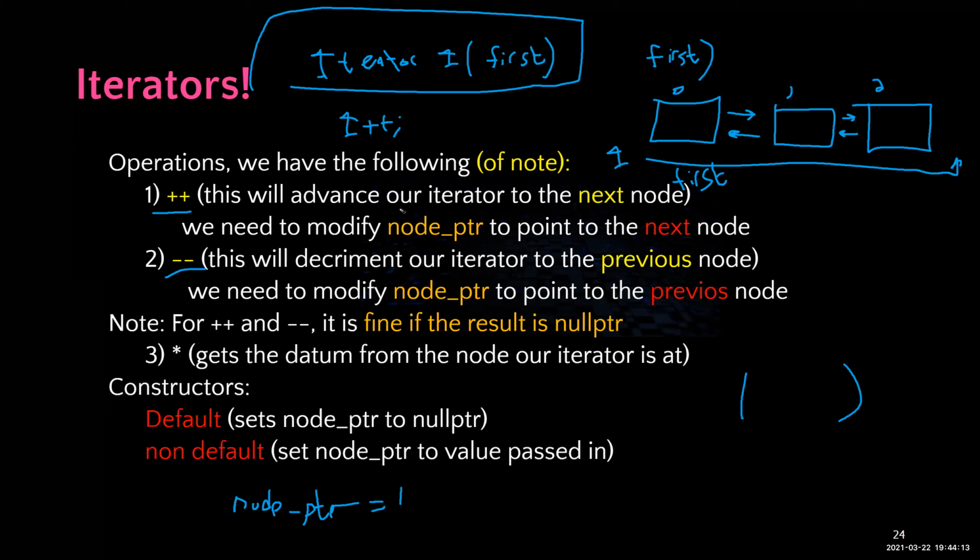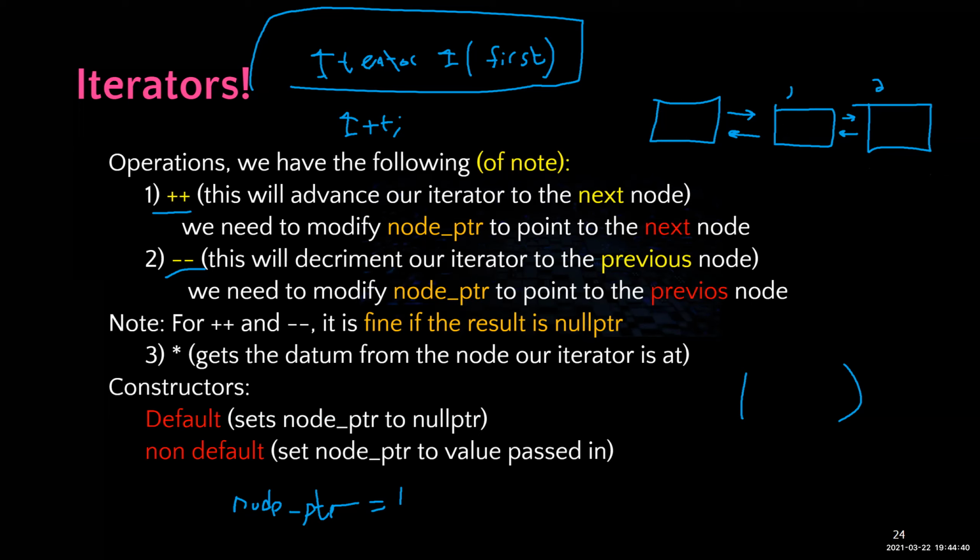Yeah, so iterators just make it easier for us to access our nodes. Technically, we can access any element in our linked list without iterators, but it's a lot more painful because we have to start at our first or our last, right? So let's say I have a list like this again, and I don't have iterators. If I want to access this middle node right here, that's going to be pretty annoying because what I have to do is start at our first and go to our next.